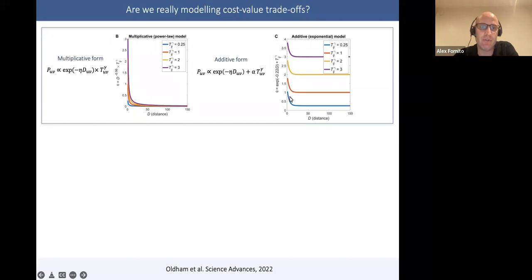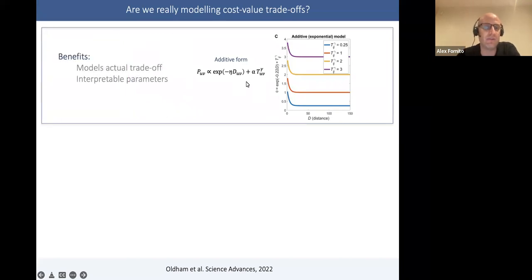And here, when we test the performance of the model, you can see that for a fixed value of eta, different values of gamma do indeed influence connection probabilities across the full range of connection distances, as we would expect. So the model is more in line with what we would expect of an actual trade-off between cost and value, and it yields interpretable parameters such as the alpha value.